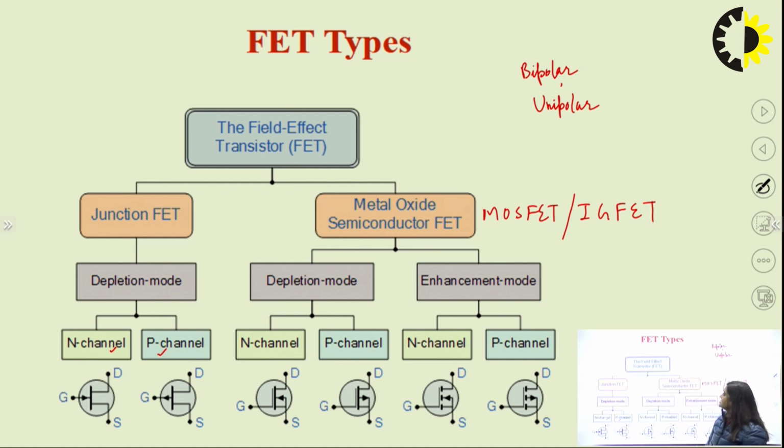And metal oxide semiconductor is of two types, depletion mode and enhancement mode, and it is of N channel and P channel. This is the symbol for the JFET: drain, source, gate. This arrow indicates the direction of the current in N channel JFET, and for the P channel the direction of the arrow will be in this way.